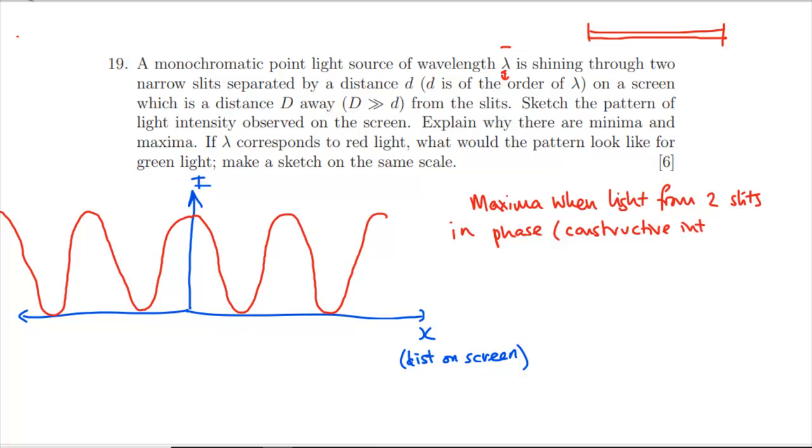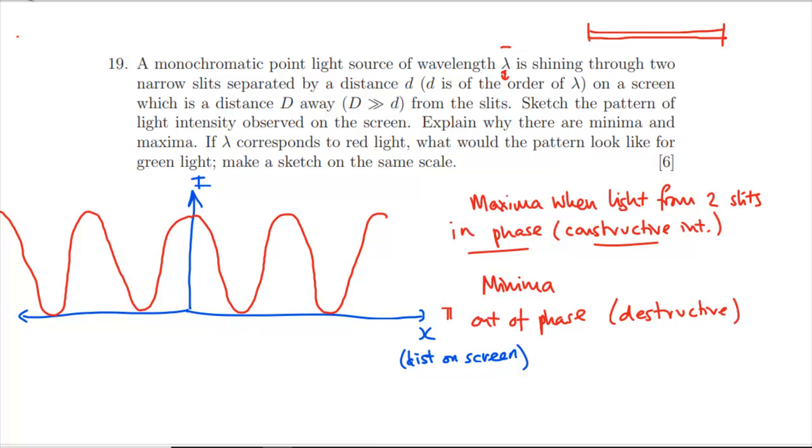So you want to get all of these things in, all the usual words. So we've said here that we've got in phase and constructive for the maxima. Then for minima, you can write the same sort of thing, but you can say out of phase, and then you could even say pi out of phase maybe. Destructive interference.